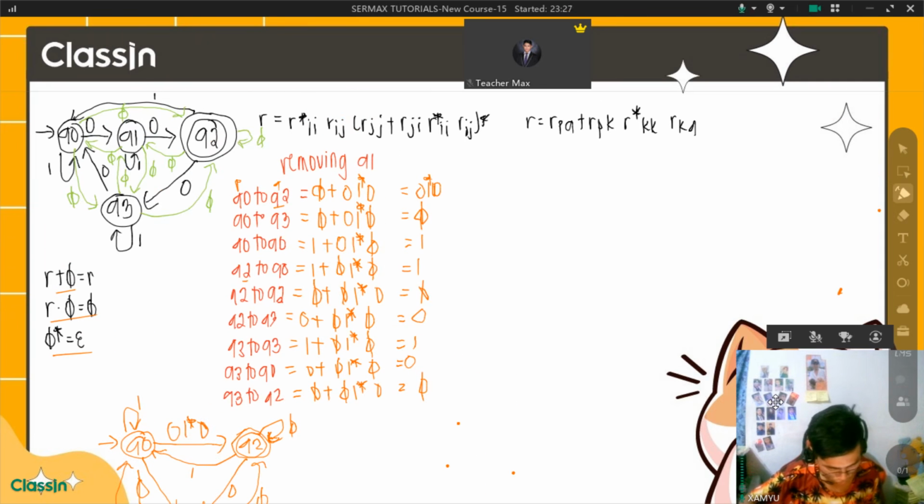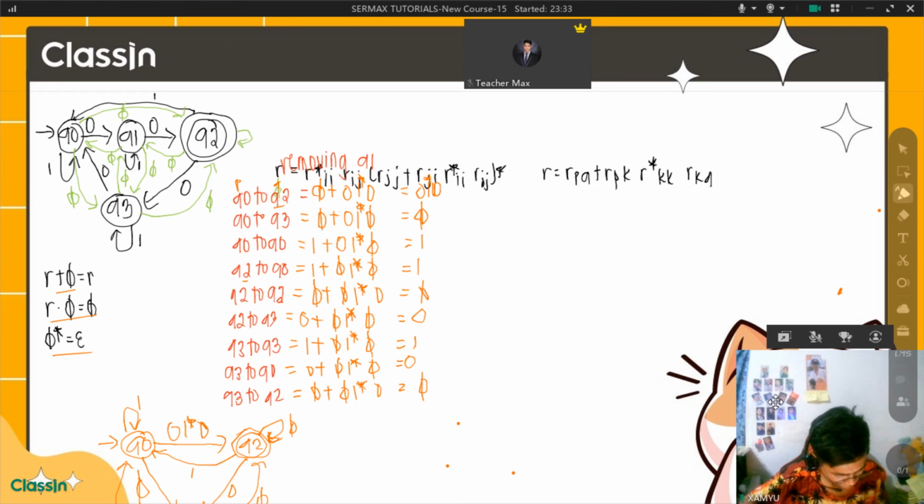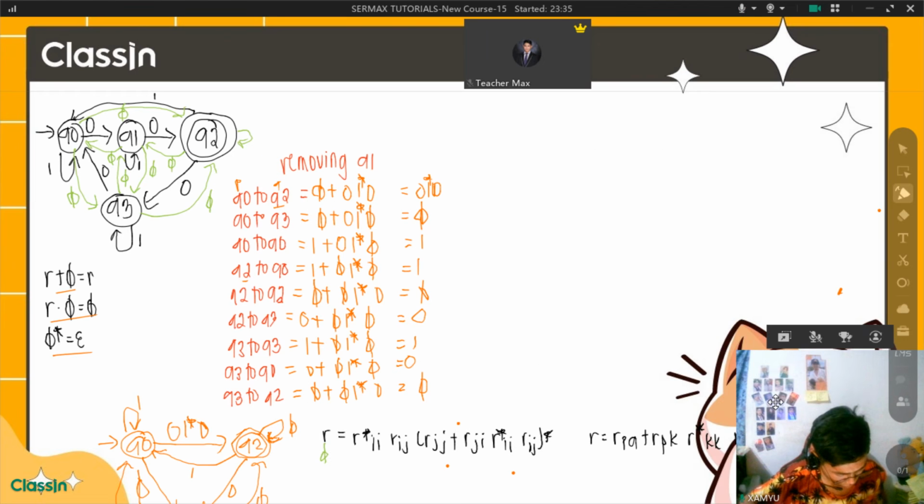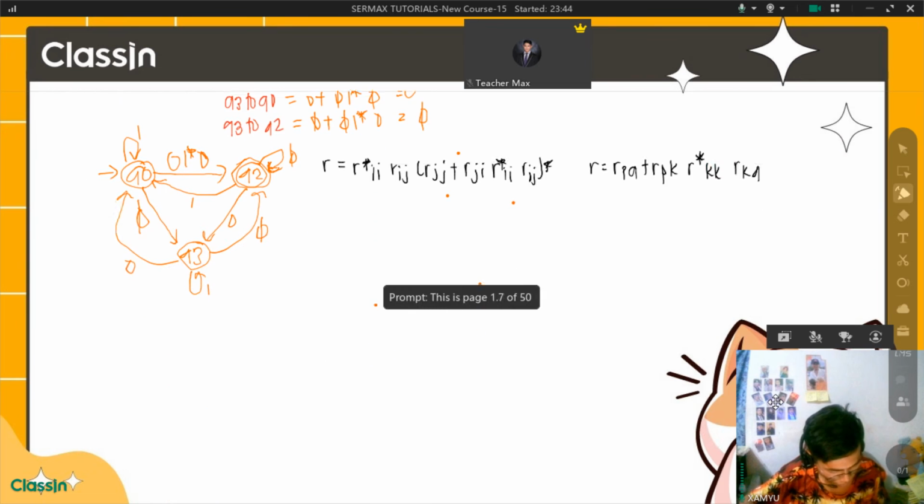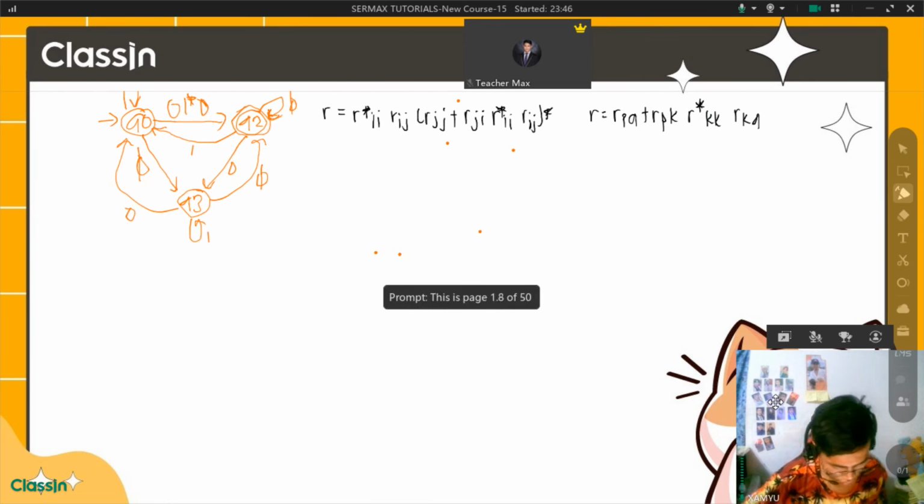So we will begin to run through. Now let's try to run through with the implementation of this.